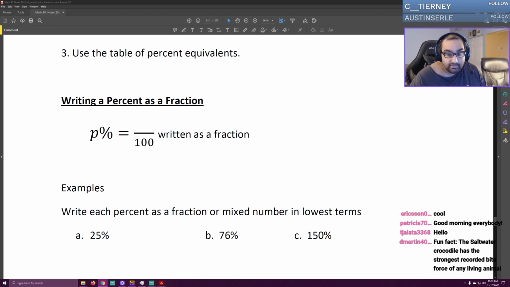Wait, seriously? The strongest recorded bite force. It's like it's got mechanical jaws. Can just snap your arm in half. Oof. Any limb in half, really. And that's why I don't mess with crocodiles. That's why I don't live in Florida.